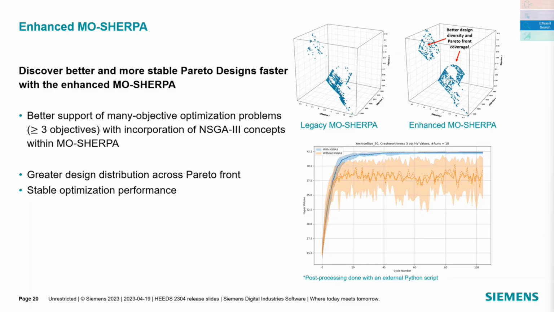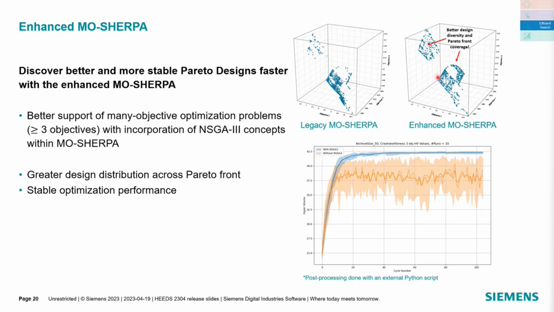So what you see on the top right shows how design diversity for our rank 1 Pareto optimal designs is much better with the enhanced MoSherpa. We see a cluster in the old MoSherpa of designs on this lower area. And that's not really desired. We want to have a balanced choice and an informed choice for the decision maker.